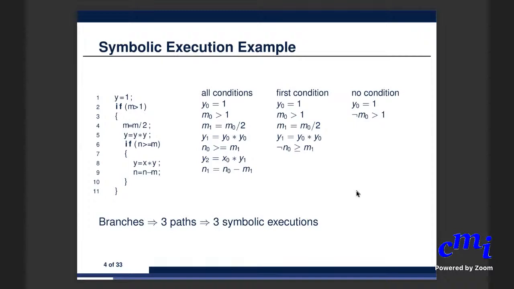This is the same thing as what we did. In this case, for this program, there were three symbolic paths for the different possible valuations for the expressions that appear in the conditional statements.